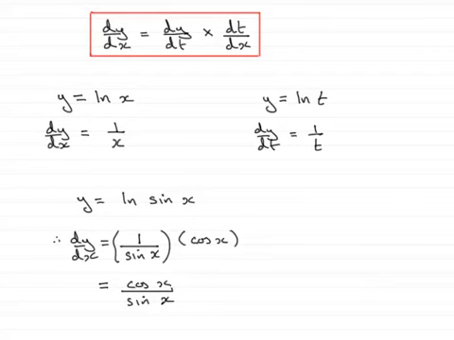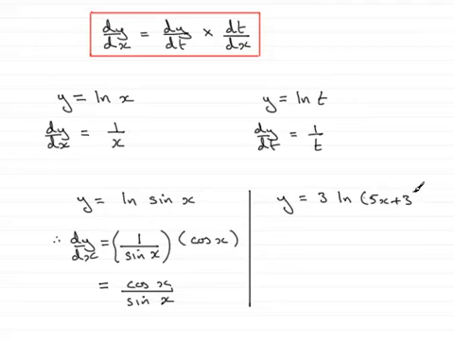What happens also if I have a number in front of my function? That number stays put. I'll show you. Let's suppose we had y equals, for instance, 3 times the natural log of, say, 5x plus 3.